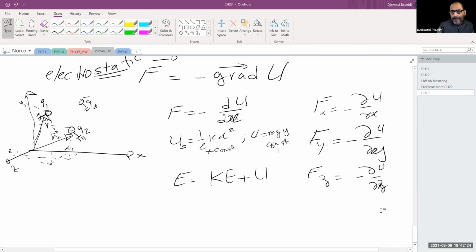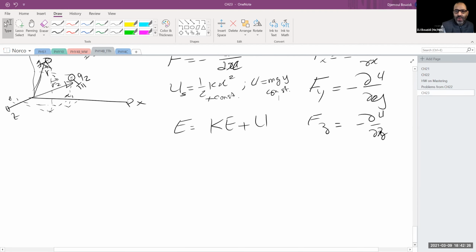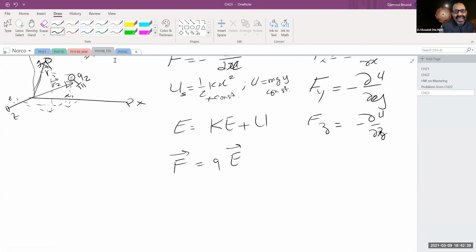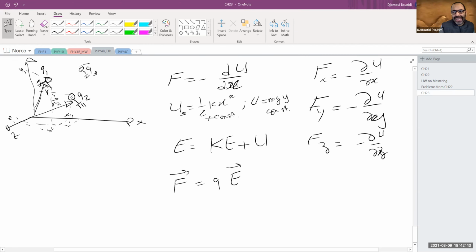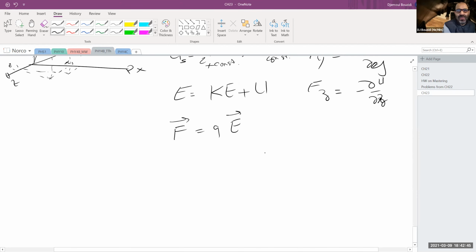Since we know in electrostatics that the force is equal to QE, what we're saying is, instead of finding this potential energy, we find something so that the electric field itself derives from a potential.